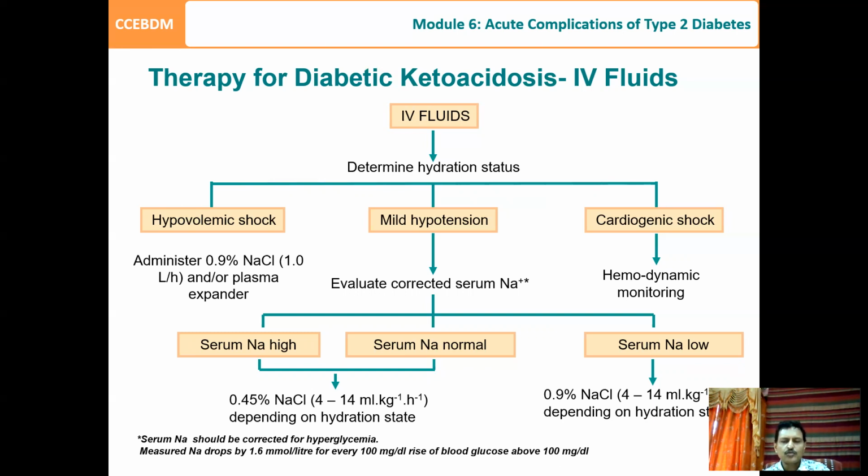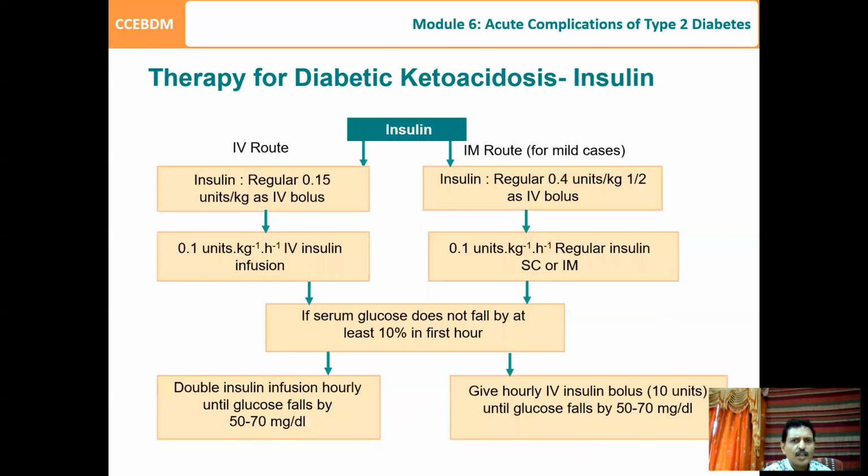And you have to continue with the insulin infusion even if it requires a very low dose. Coming to the next important issue in the management of diabetic ketosis, it is the insulin. If you do these two, then the patient will recover. Nothing more is required in most situations.